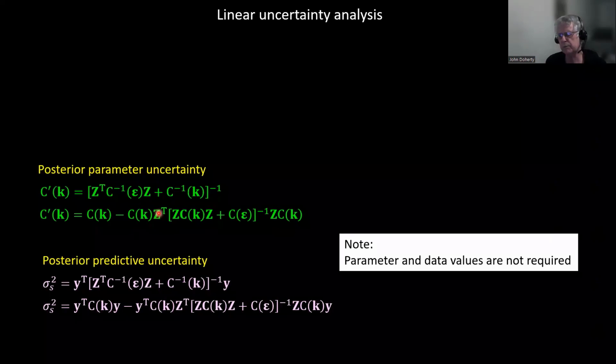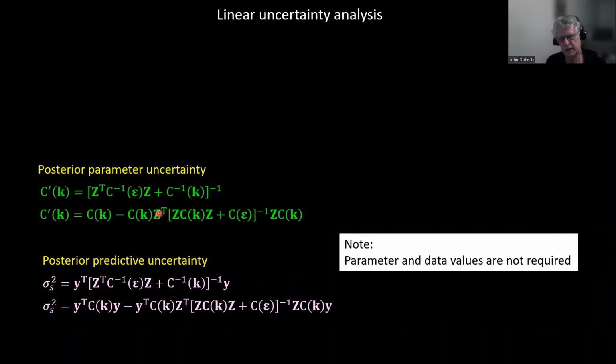The thing to notice about these equations is that nowhere in any of them is the value of a parameter, nowhere is the value of a field measurement. This just follows from the linearity assumption. So this has repercussions.